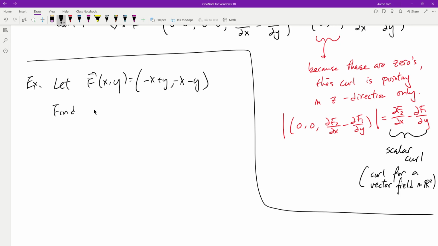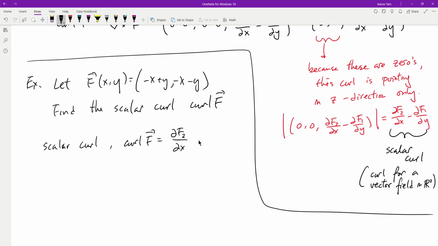I'm going to go ahead and ask you to find the scalar curl of vector f. So how do you find the scalar curl? Well, the scalar curl of f is simply equal to df2 over dx minus df1 over dy.